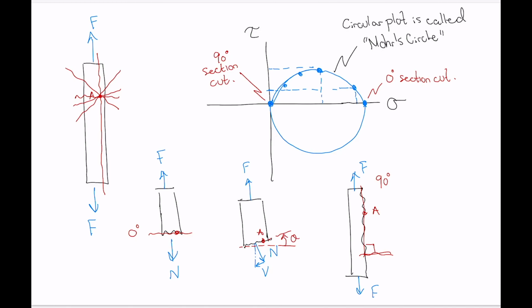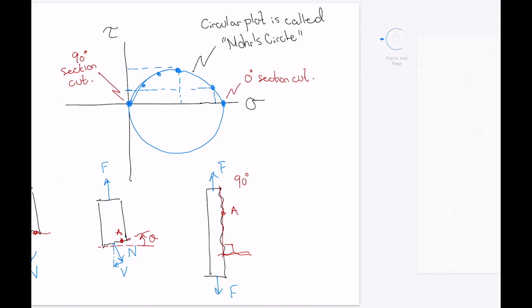But first, we need to set up some rules for what's going to be a positive normal stress and what's going to be a negative normal stress and what's going to be a positive shear stress and what's going to be a negative shear stress, because we're plotting shear and normal stresses now on an XY graph that has both positive and negative sides of the axis. Okay, so sign convention for Mohr's circle.